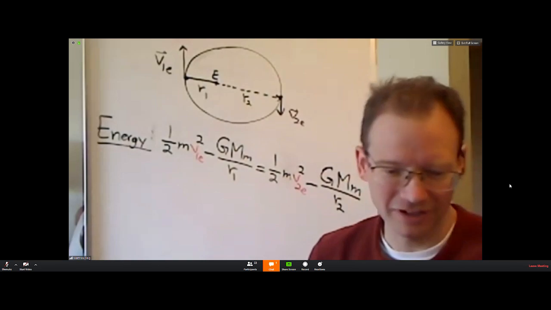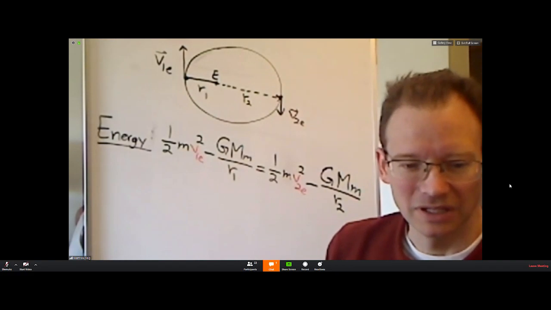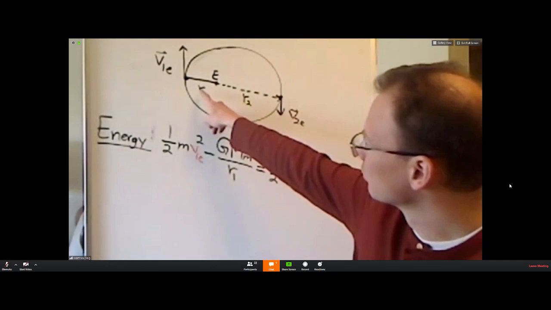Angular momentum is discussed in chapter 12, but we're going to use it right now. Do you guys remember what I said on Wednesday about the formula for angular momentum? It's basically radius times perpendicular velocity.